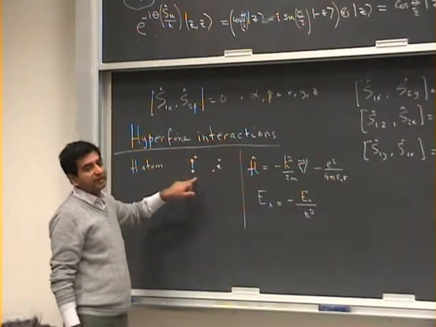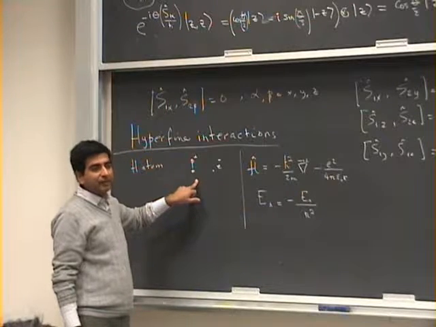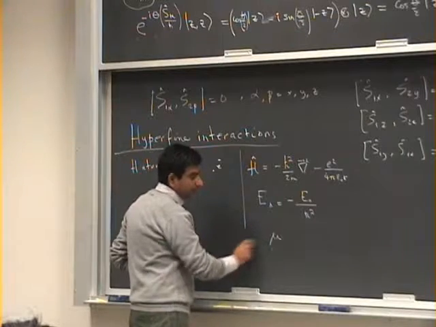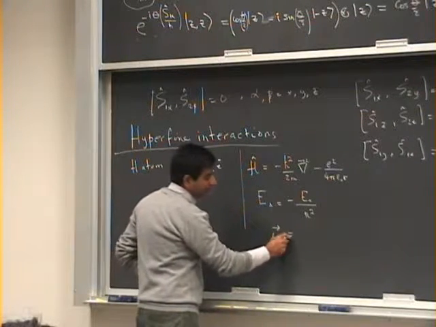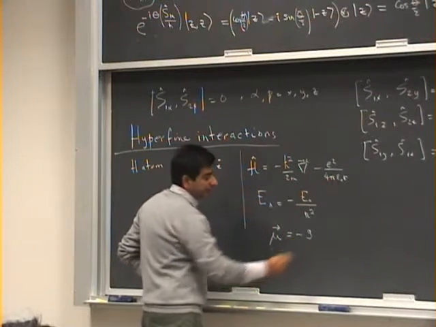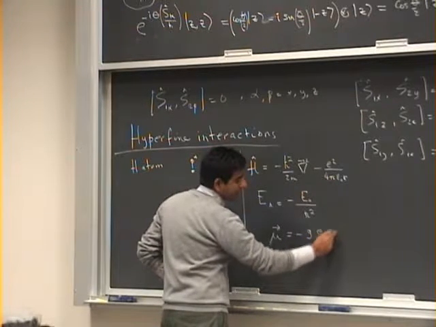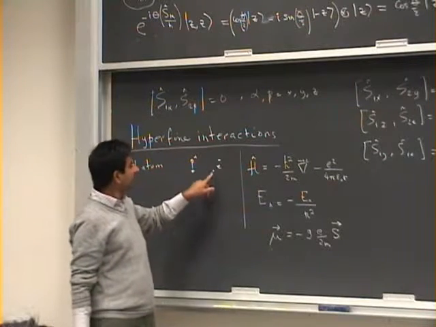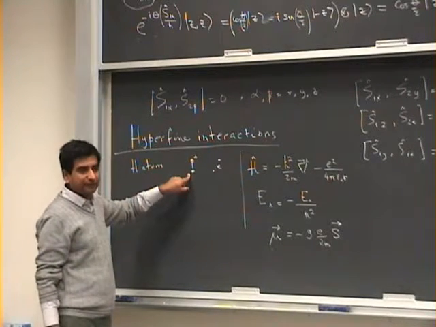The electron is a spin half particle and so is the proton. So a spin half particle we already know has a magnetic moment mu, minus g e over 2m times the angular momentum operator. So this is a magnetic moment and so is this.